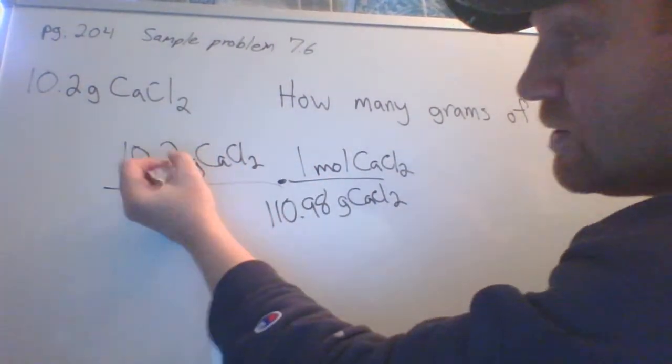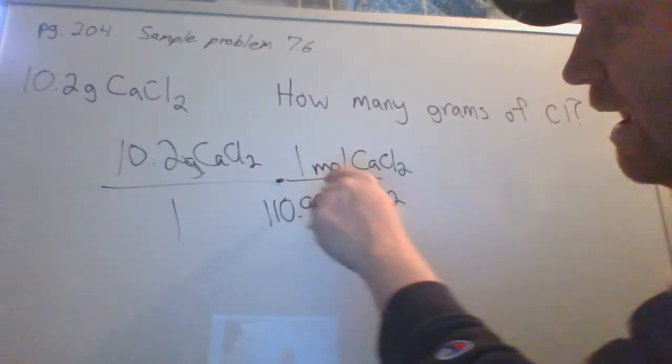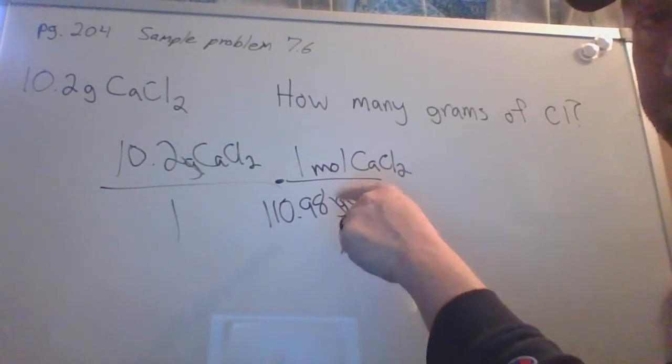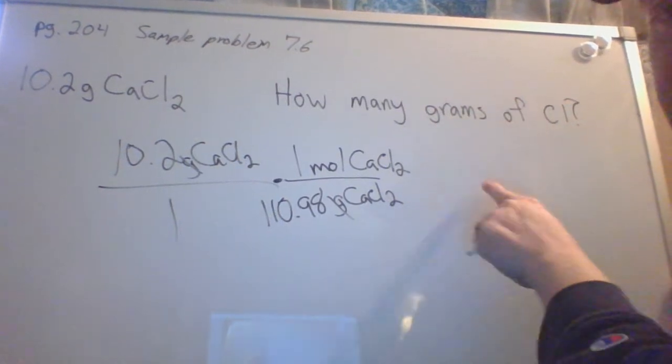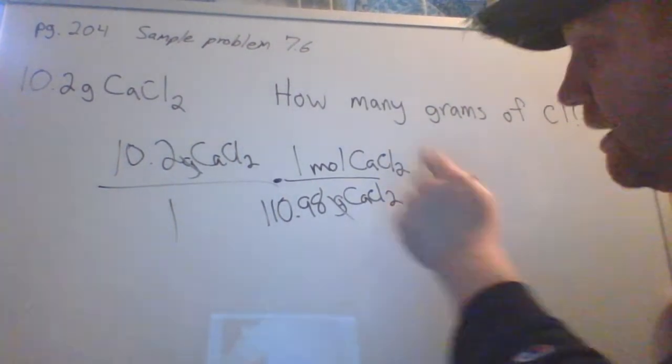So now that cancels out grams, and we're in moles of CaCl2. We don't want CaCl2 in our final answer, we want Cl. So this next step is new. This is why I'm posting this.